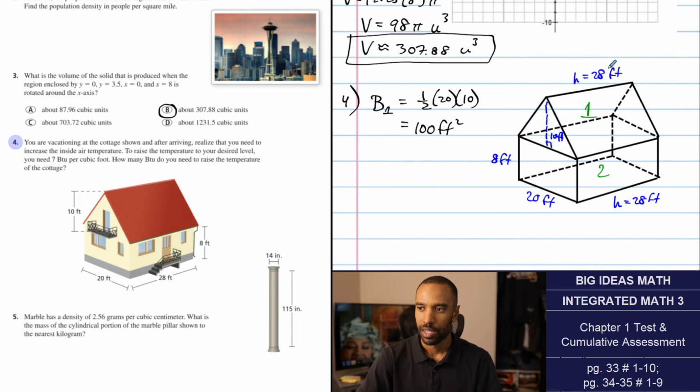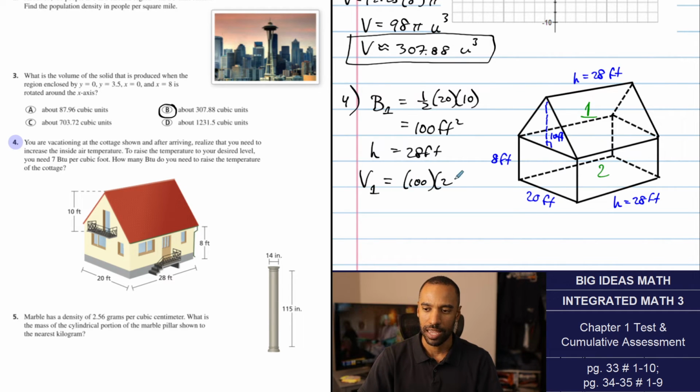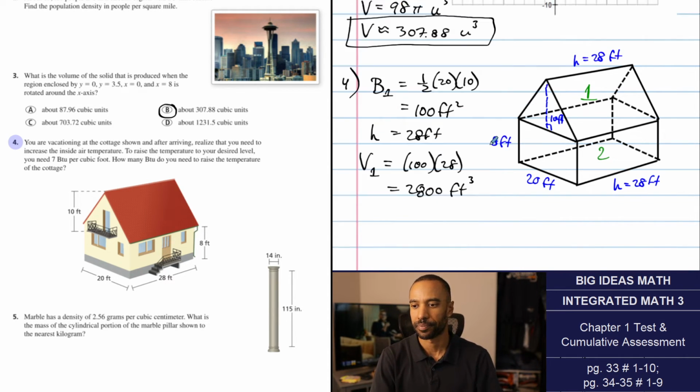The height of the triangular prism is 28 feet. So the volume of object 1 is area of base times height, which is 2,800. No pi. 2,800 cubic feet.